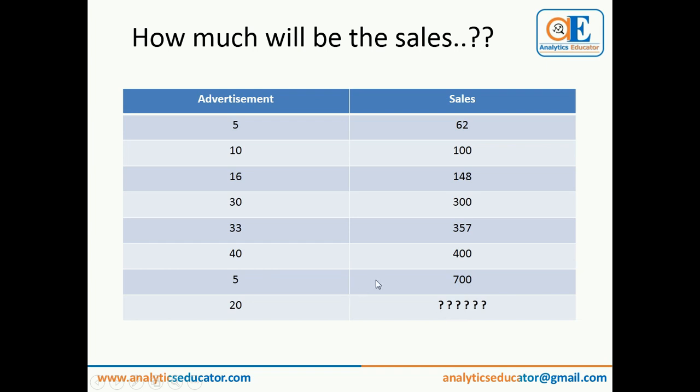Let's imagine that your client knows that when he had advertised for 20 rupees, he could sell 200 bottles of water, but he had not revealed this fact to you. It has not been revealed to you.